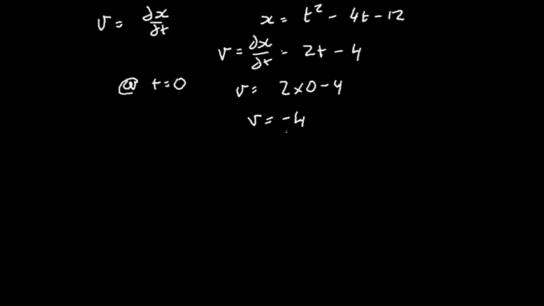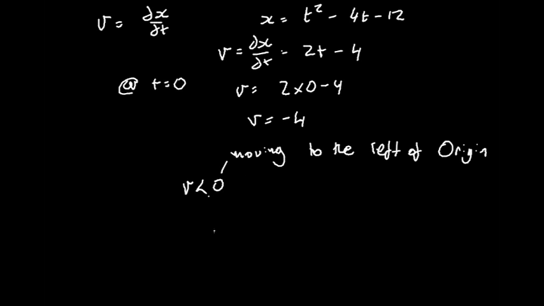So to describe its initial motion, at t equals 0 our velocity is negative, v is less than 0, so we're moving to the left.